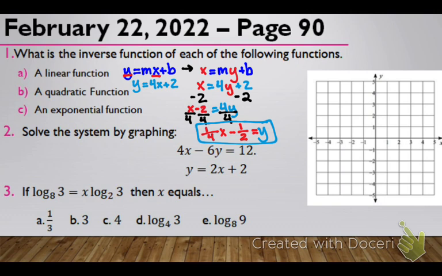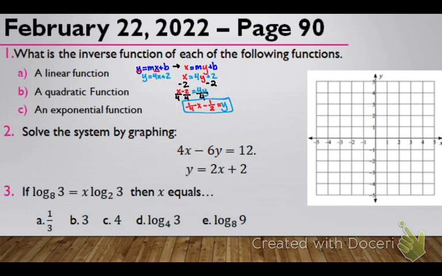Exactly. Because we have y by itself, it's still in slope-intercept form. It has y on the other side, so it looks a little bit different. But it's still slope-intercept form. And slope-intercept form tells us to graph a line.